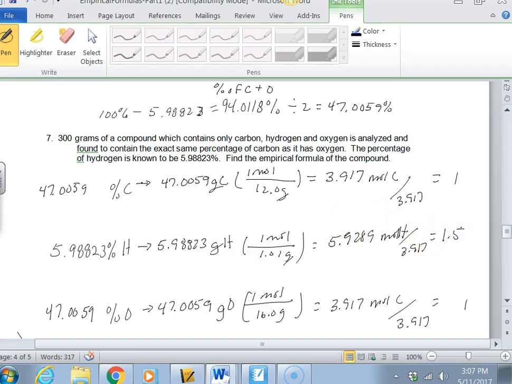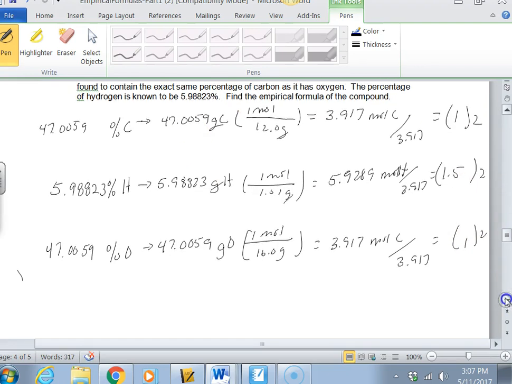So there we have our 0.5 again, so we're going to multiply everything by 2 to clear that fraction. So this becomes 2 moles carbon to 3 moles hydrogen to 2 moles oxygen, or C2H3O2. And that would be the final formula.